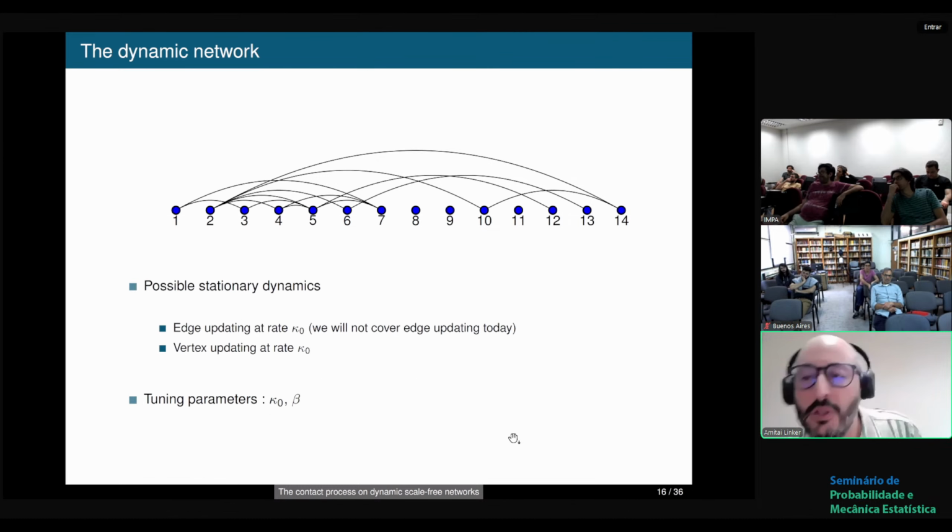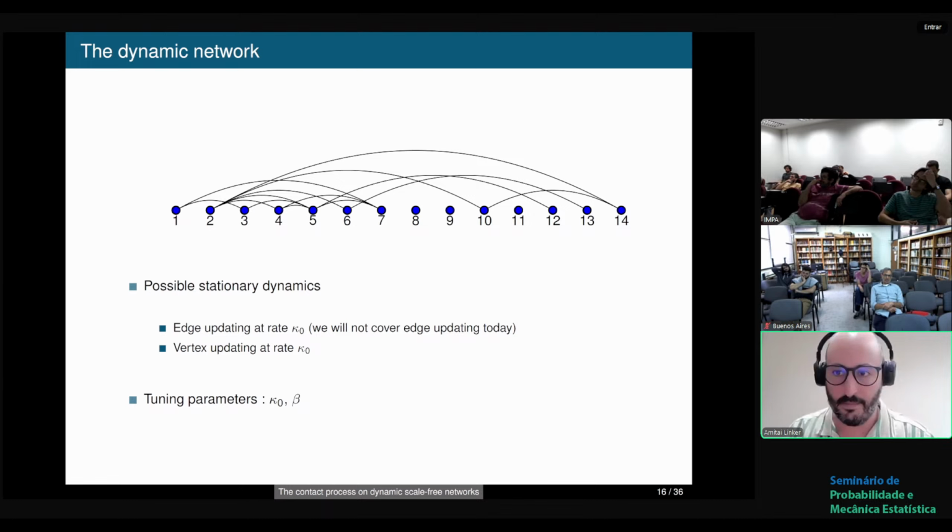Okay, so now we want to endow this with some stationary dynamics. Stationary because, of course, we don't want the dynamics to change the statistics of the network. You just want to give it motion. So there are two possibilities.